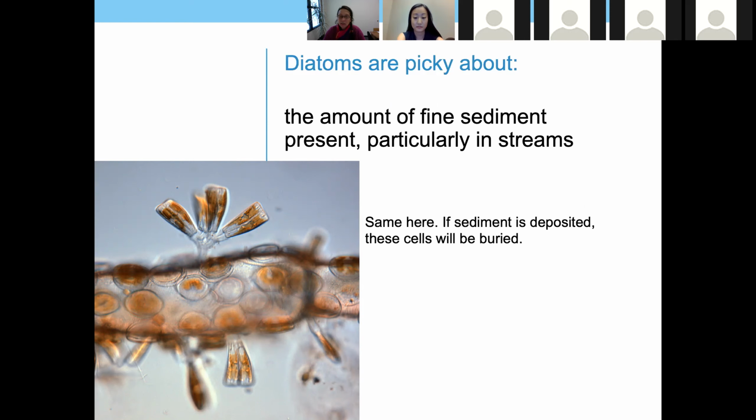Here are some diatoms growing on a little bit of green algae, Cladophora. If there's fine sediment in this stream, these cells will be buried. You can see that they're fixed, and they actually don't have a way to go anywhere. They're kind of stuck there.